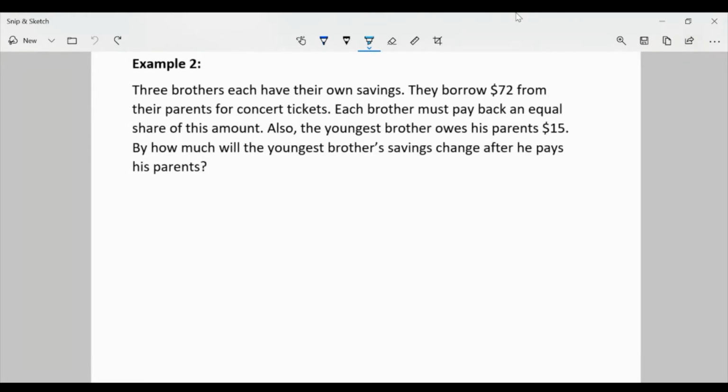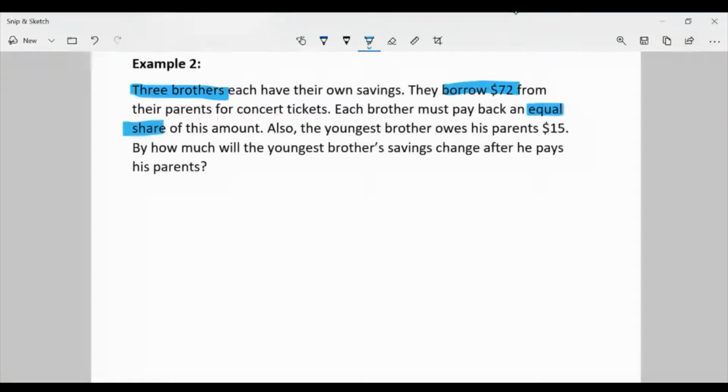All right, so what we know from this is they borrowed $72, right? And it's 3 of them that borrowed. Now, each brother has to pay back an equal share, right? So they're going to pay an equal amount of that $72 between the 3 of them.